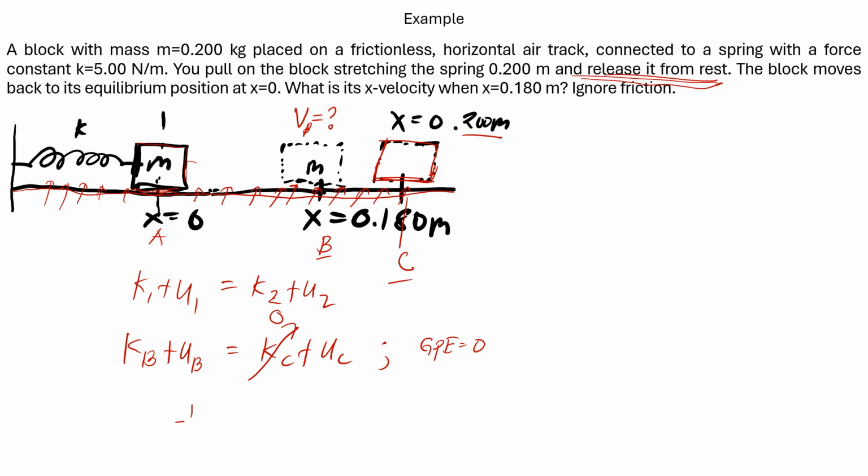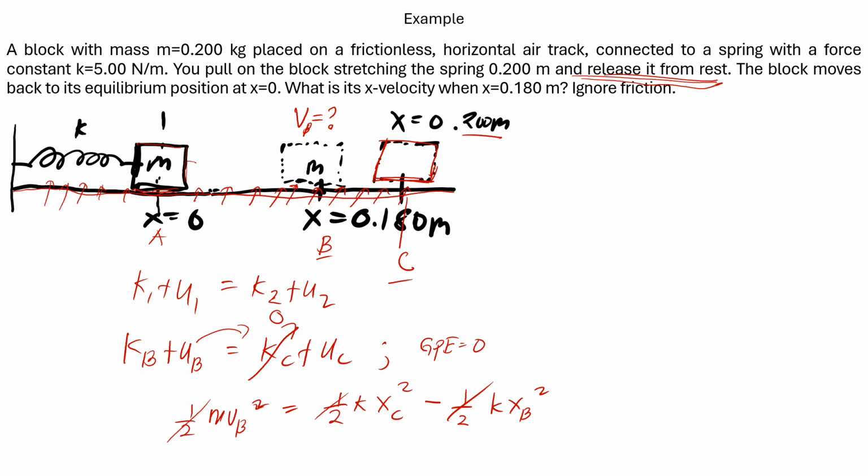So you'll have 1/2 m vb squared. I'm going to transpose the other term to the right side, so I'll have 1/2 k xc squared minus 1/2 k xb squared. The 1/2 is common here, so I could just take that out.